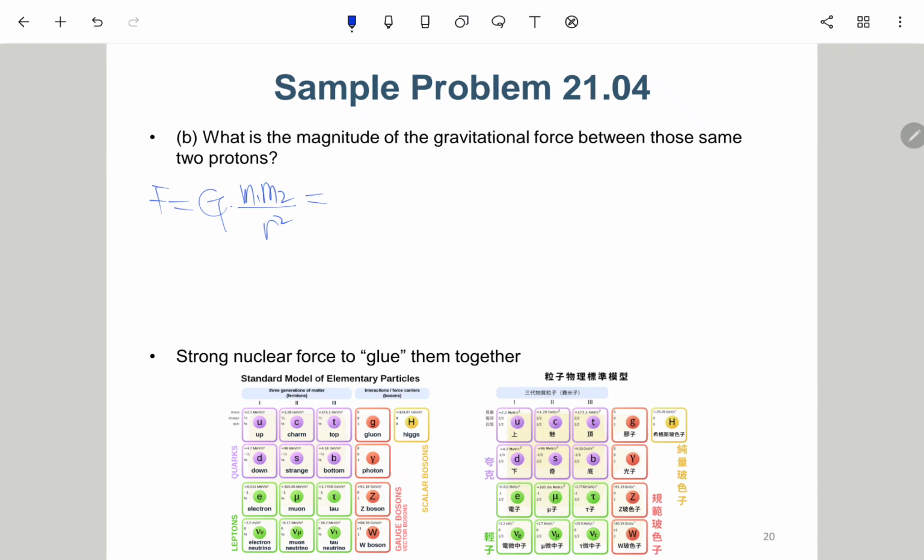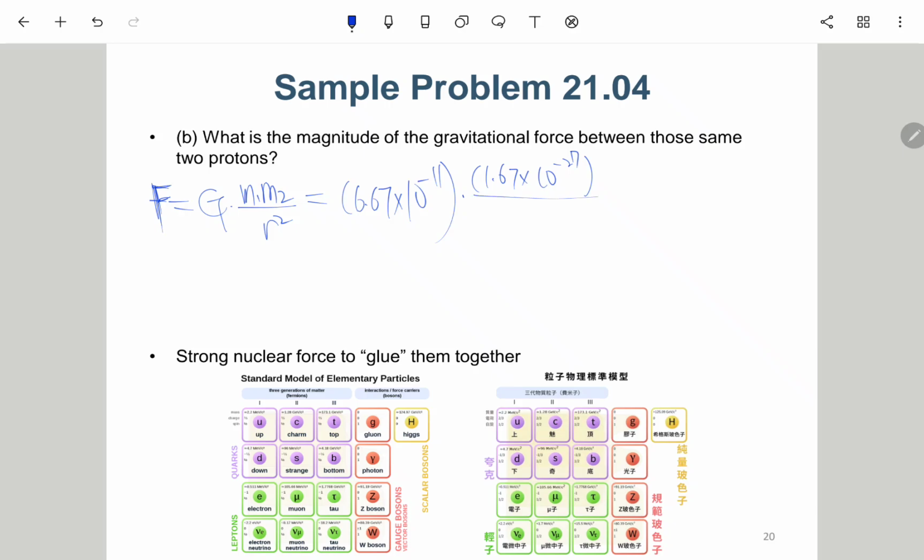Okay, so of course you are civil engineering students, so you should be familiar with this kind of mechanics problem. G is 6.67 times 10 to negative 11, the gravitational constant. For the mass of the proton, it should be 1.67 times 10 to negative 27 kilogram.